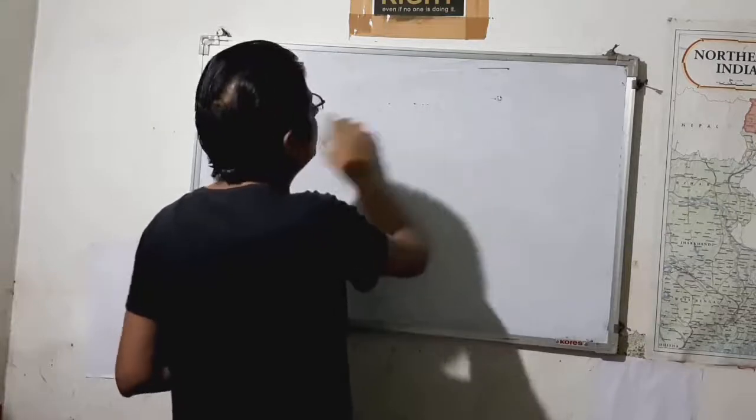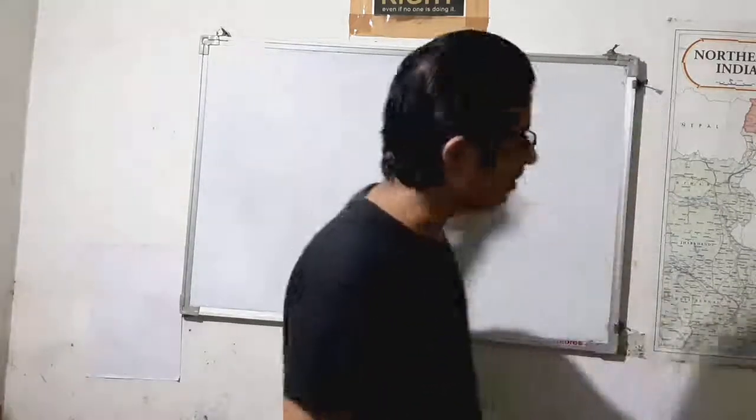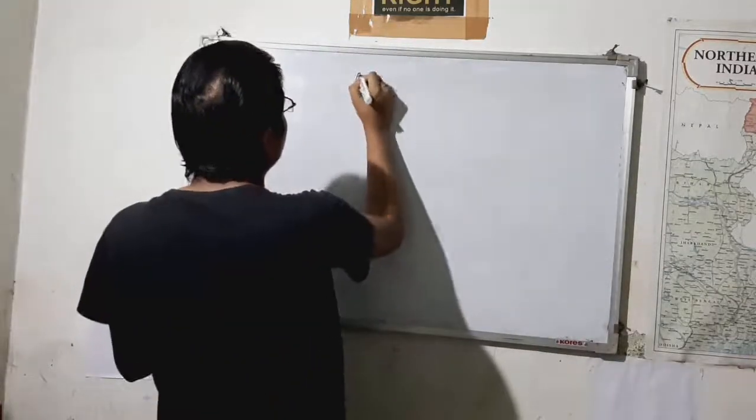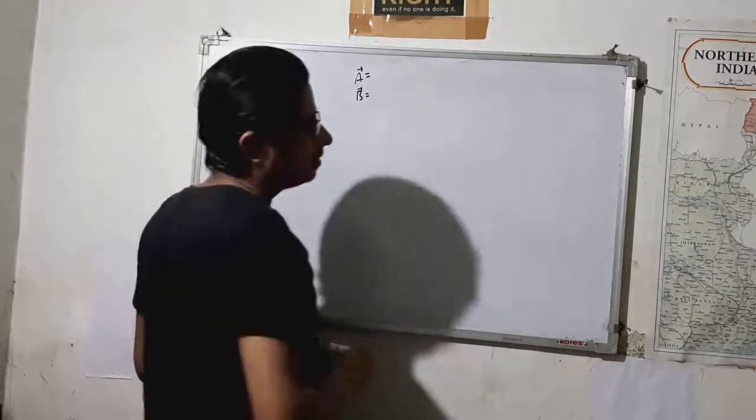Now we take a simple example. Let A and B be two vectors.